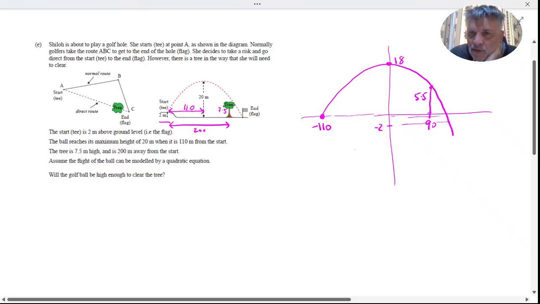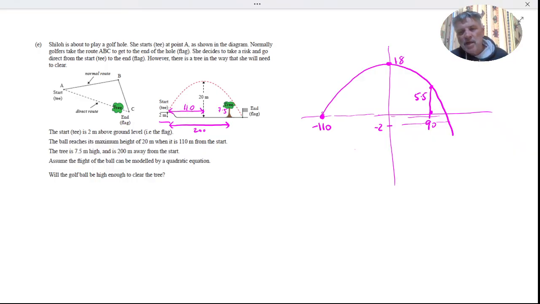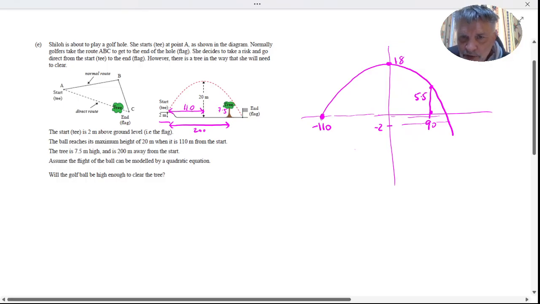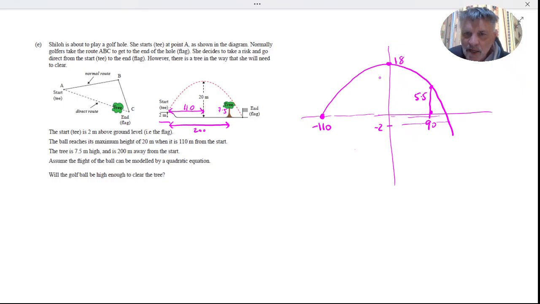Okay, and what we want to do is construct a parabolic equation that meets this criteria, that it goes from negative 110 to 110, and has a maximum at 18.